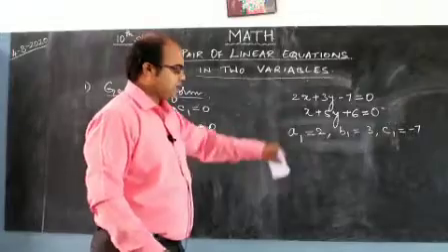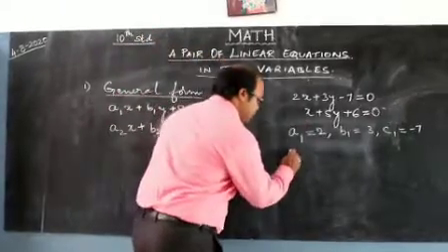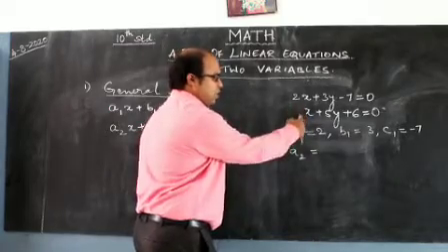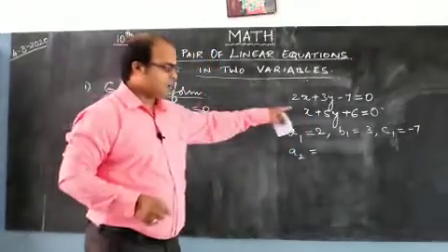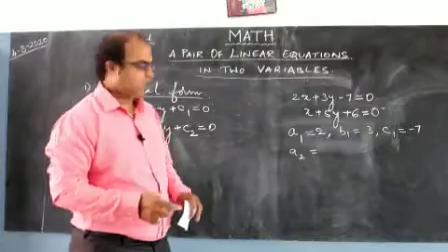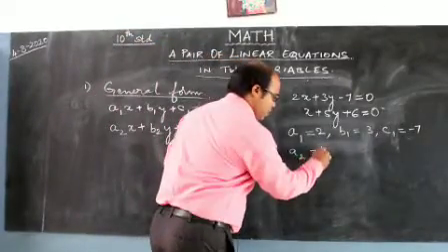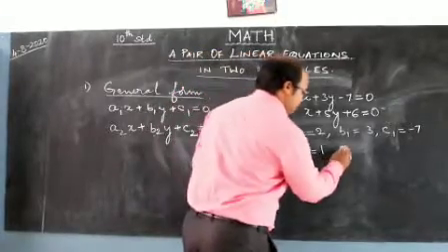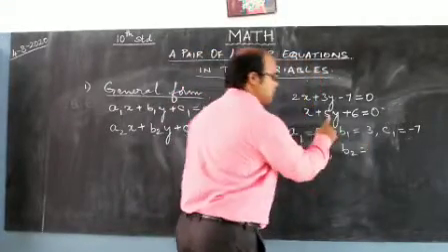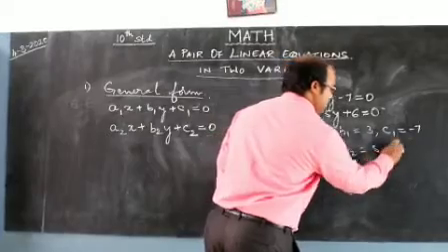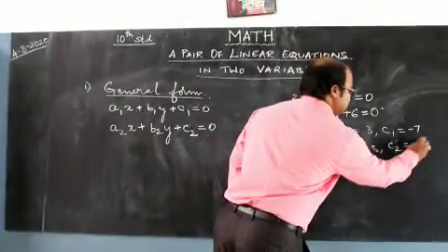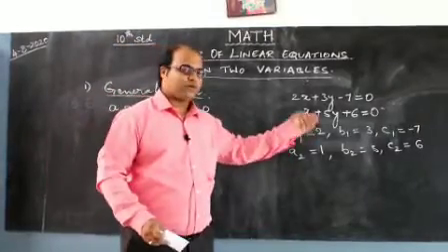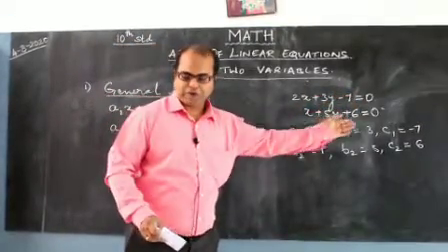Okay, now coming to the second one, a2 equal to, now before x, what is the coefficient we have? There is no number. There is no number means it is understood 1. So a2 value is 1, and same way b2 value is 5 and c2 value is 6. So this is how we write the values of a1, b1, c1 and a2, b2, c2.